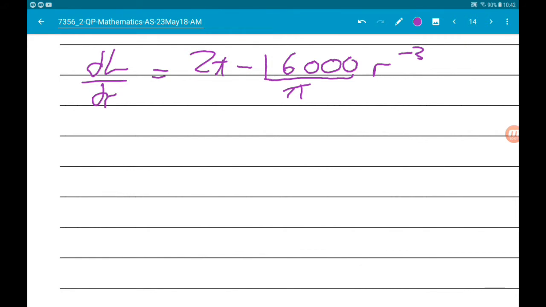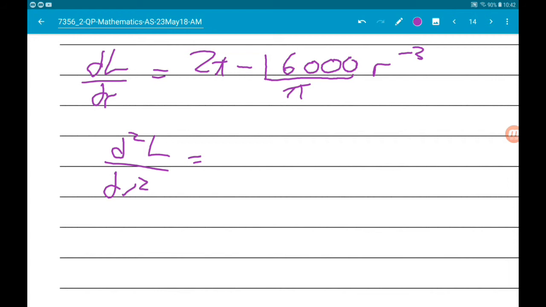Okay, so dL by dr was 2 pi minus 16,000 over pi times r to the minus 3. So our second derivative is going to be, well, 2 pi is just going to differentiate to 0.